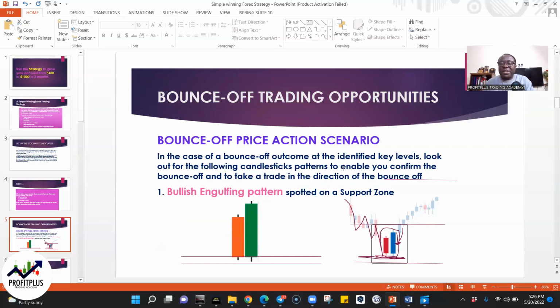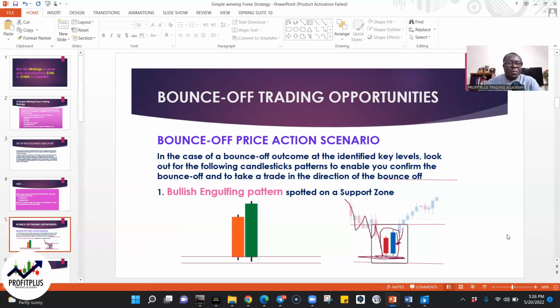Of course, when the stochastics value is between 80 and 100, it is overbought, so price may turn down. If the stochastic value is between 0 and 20, it will be oversold, so price will likely bounce off and begin to buy at that particular time. So we introduce that to help you validate those points identified.